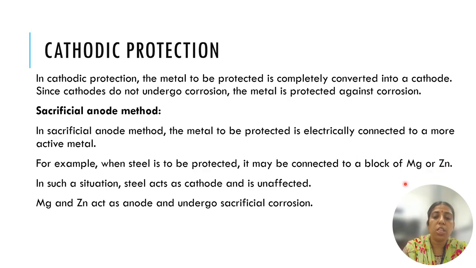Magnesium is prone to corrosion, so it will start to corrode and undergo sacrificial corrosion. Over a period of time we need to monitor so that the magnesium or zinc strips can be replaced, and we ensure that our steel is protected as a cathode.